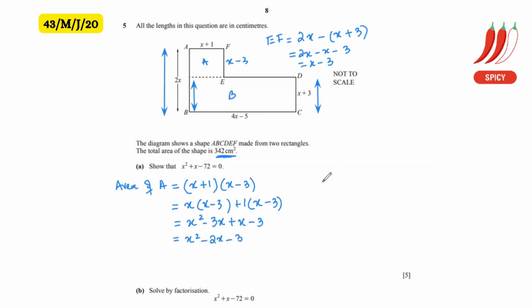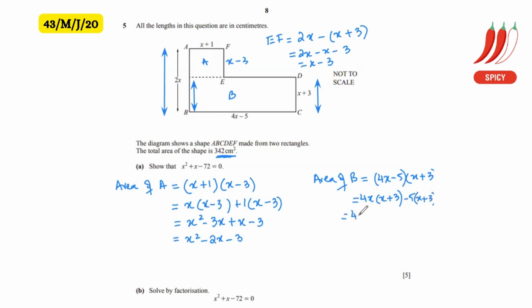Now moving on to the area of B. The length is 4x minus 5 and the width is x plus 3. So for 4x minus 5 times x plus 3, we do 4x times x plus 3 and negative 5 times x plus 3.